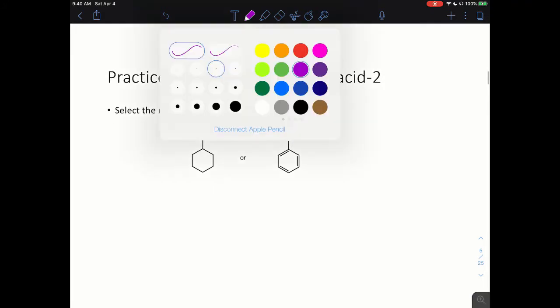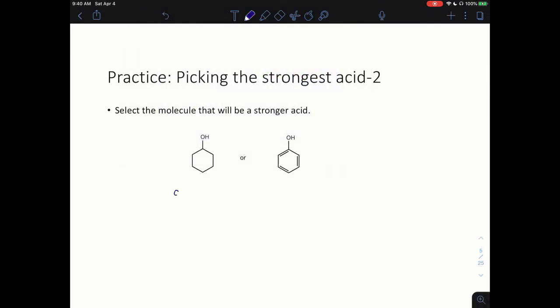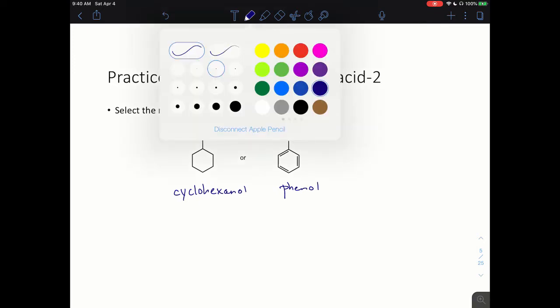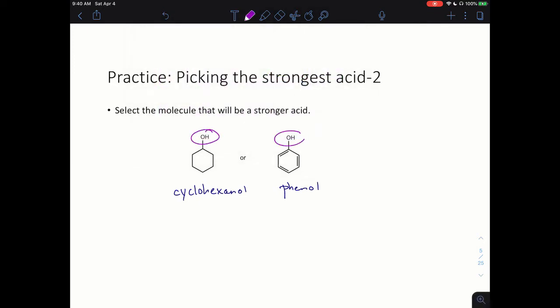Let's try this example. In this example, we're looking at cyclohexanol again versus phenol. Now, if we apply our analysis from the previous slide, we see that we have two alcohols. And so we might be stuck. So they tie. Cyclohexanol certainly has a pKa of 16.